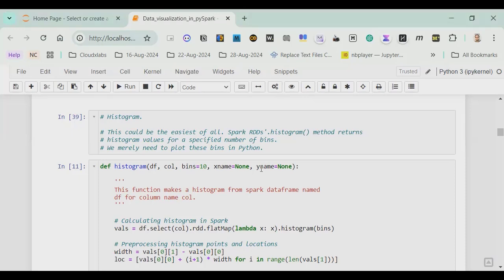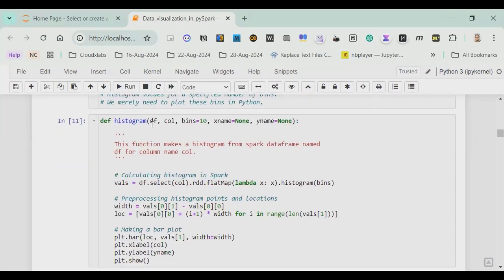What I want to do here is create a histogram from the df data frame. We are creating a function, because we learned functions, with the column and bins. That's up to us; in this case I'm taking 10. You can also give x name and y name if you want.